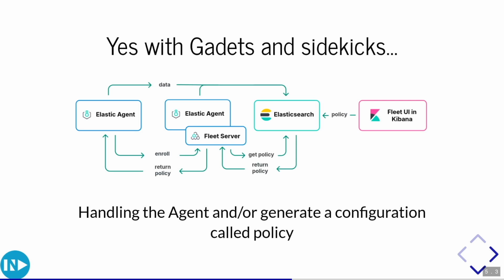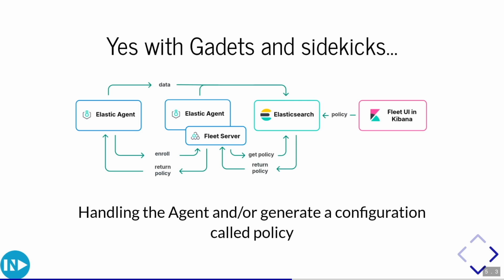So you have the Elasticsearch right in the middle. And then you have on the right hand the Fleet UI in Kibana, but you don't need to use the UI if you don't want. You can write your own API plugins because Fleet also has an API which is addressed over Kibana itself.